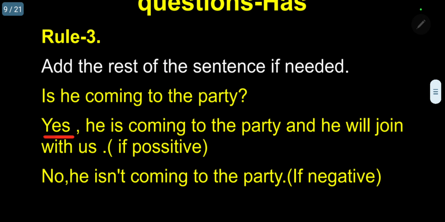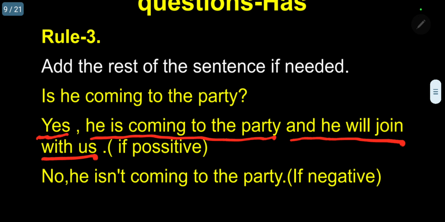He is coming to the party and he will join with us. Positive. That is, in Tamil, ஆம், அவன் விருந்துக்கு வந்து கொண்டிருக்கிறான், மேலும் அவன் நம்மளோடு கலந்து கொள்வான்.